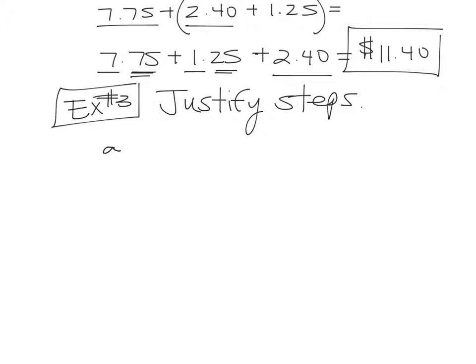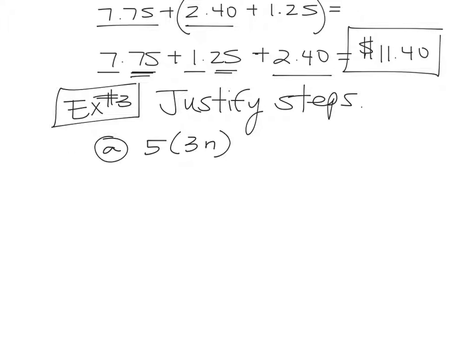So the first thing we have is 5 times 3n, okay? And now here's where you have to slow your brain down a little bit and really think about what you're doing, because a lot of you are just going to do this out of instinct, and that's great, but you really need to figure out why is that allowed. So if this is my problem right now and I want to simplify it, what can I do to simplify this problem?